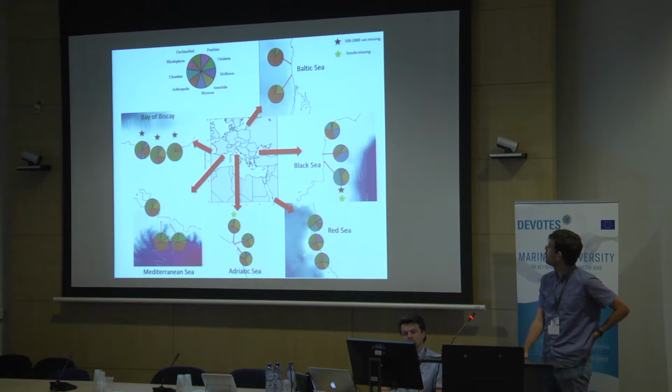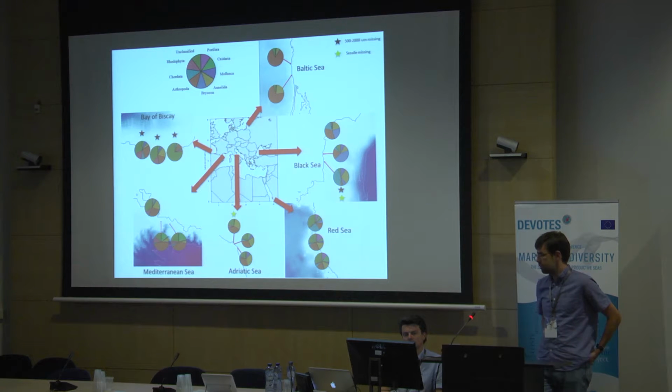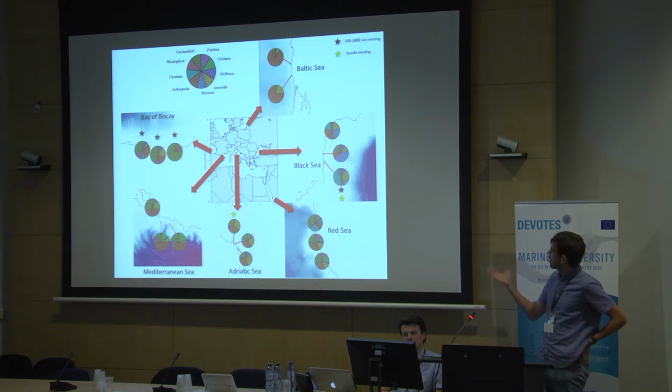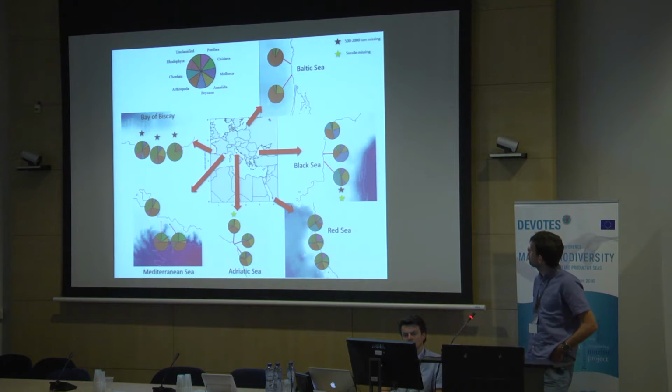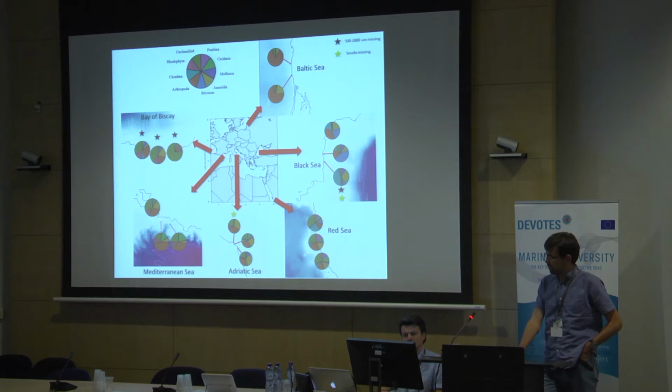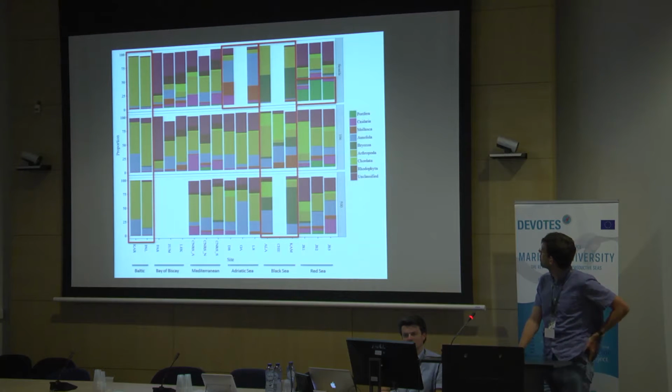If you move on to looking at the composition, you can also see there's significant differences between the seas. This is looking at the whole ARMS units together, so all size fractions compared. And if you move on to then looking at the size fractionation, you'll see a complete difference as well. So if you look at the Baltic Sea, it's dominated by your Arthropoda and your annelids.